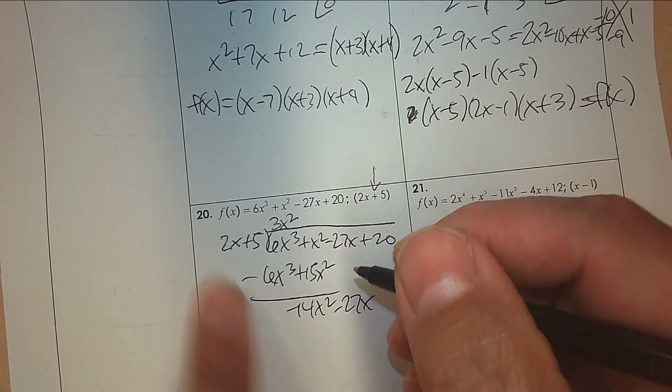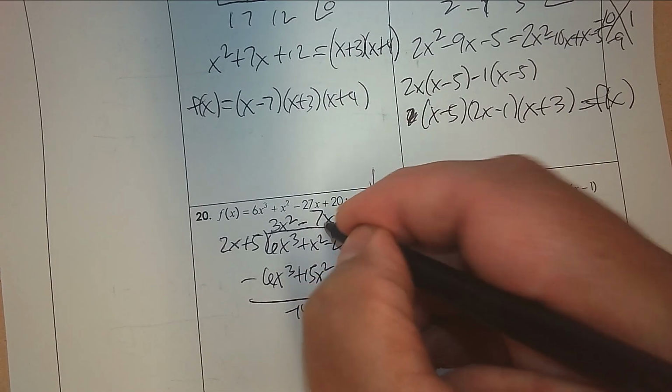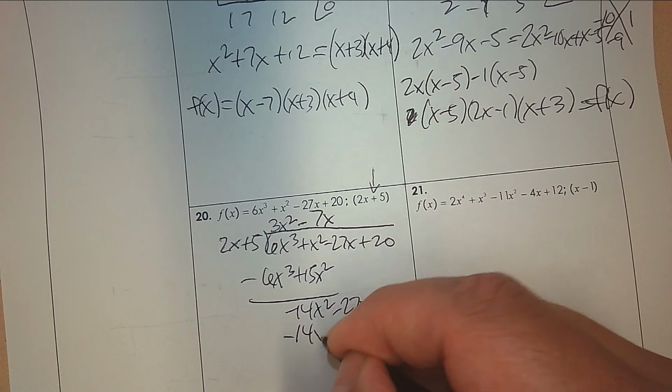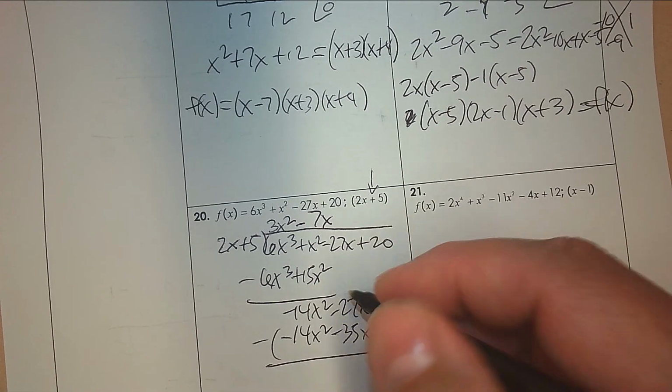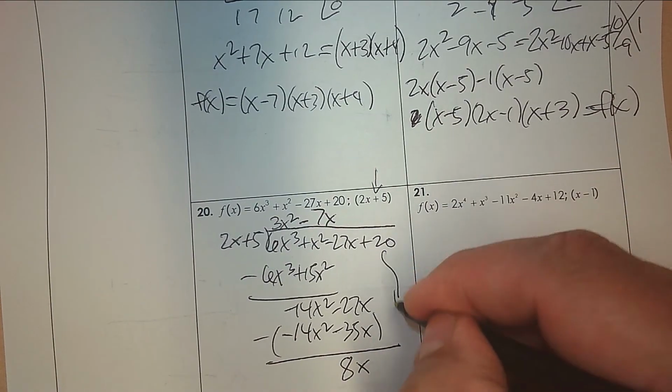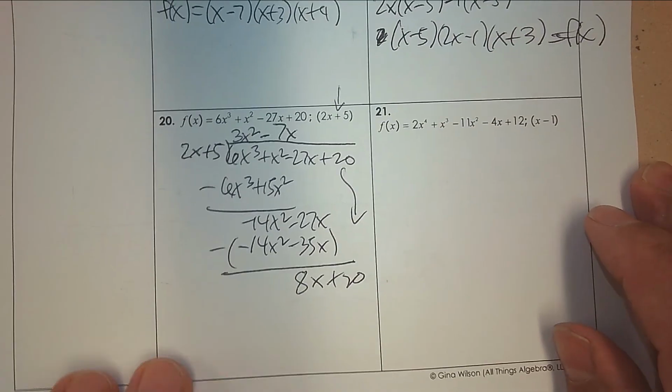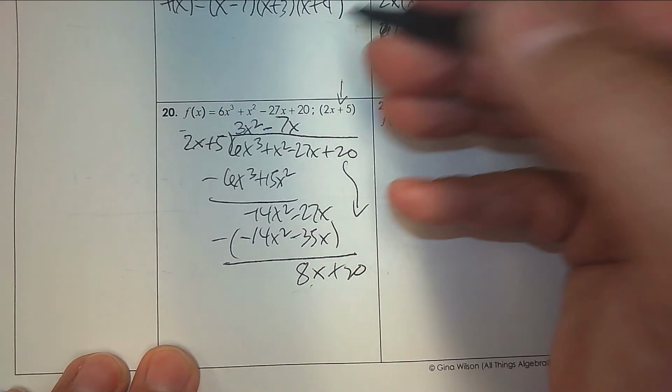Negative 4 divided by 2 is negative 7, multiply. Make sure you're careful with subtracting the negative here. That's positive 8x. Bring down the 20. So 8 divided by 2 is 4.